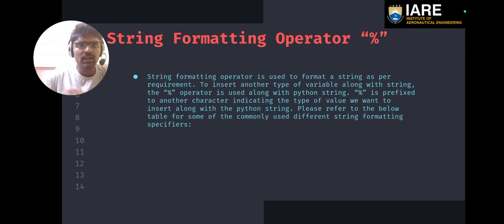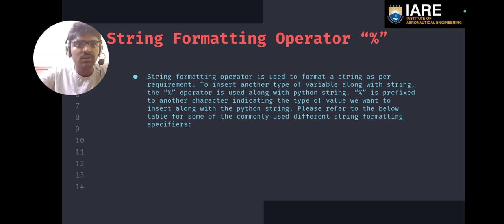String format. The string formatting operator is used to format a string as per requirement, to insert another type of variable along with a string. The formatting operator is used along with a Python string. Here a percentage sign is prefixed to another character indicating the type of value we want to insert along with the Python string.